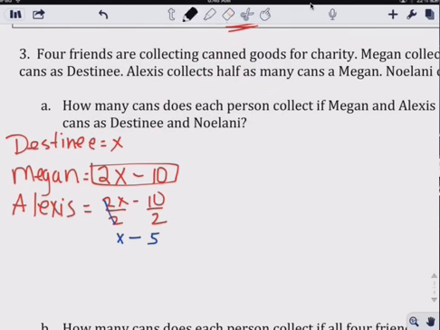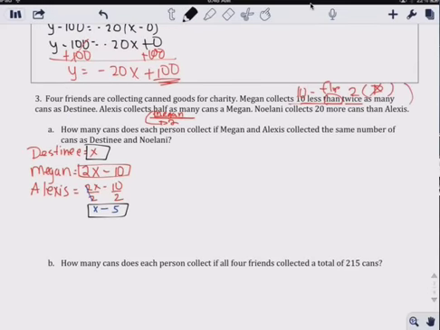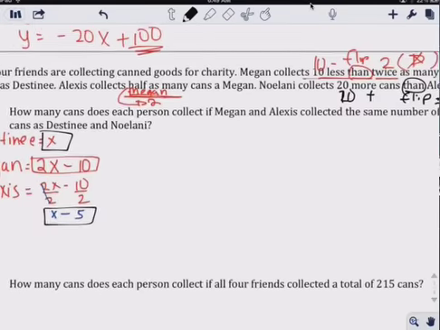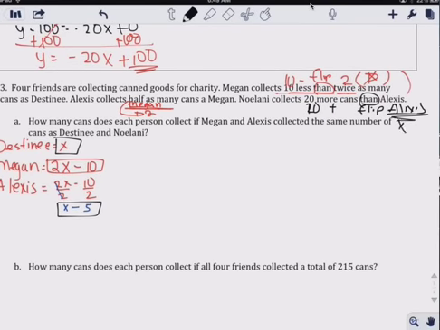Alrighty? So, I want to keep my annotation. I don't want the arrows. So we got Destiny, we got Alexis, and the last one is Nolani. Nolani collected 20 more than Alexis. So what do we know about Alexis? Alexis is x minus 5. So in place of Alexis, we put x minus 5.